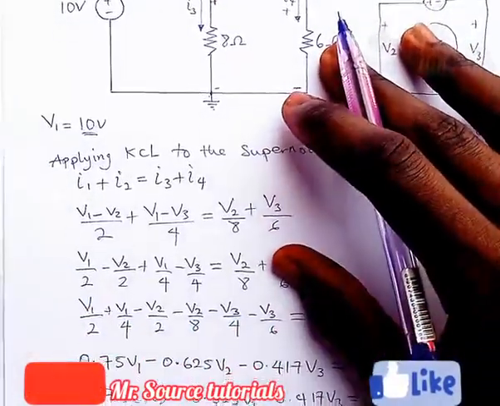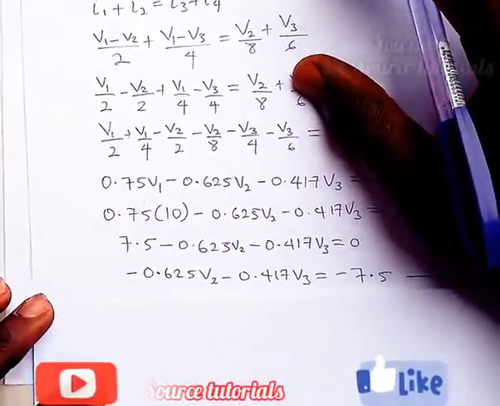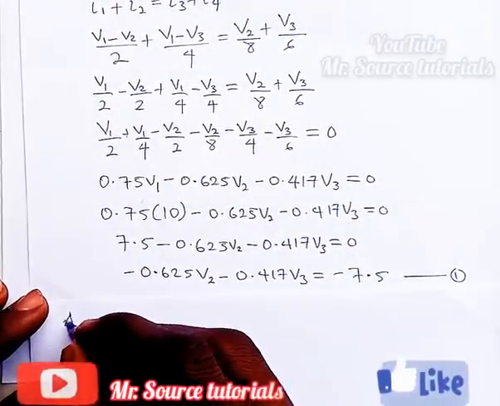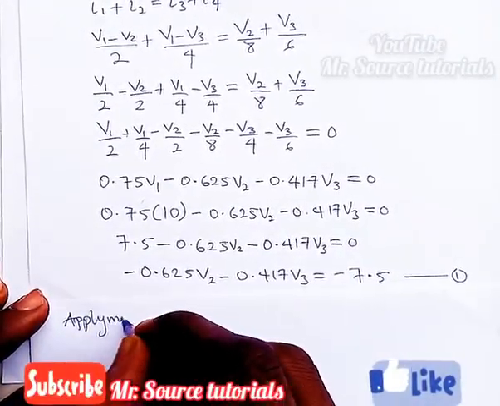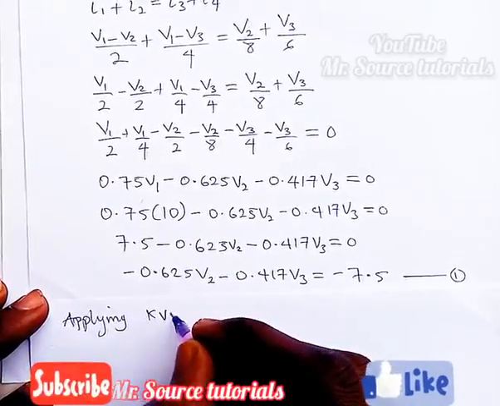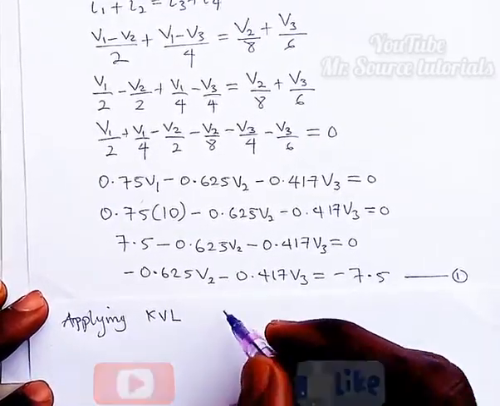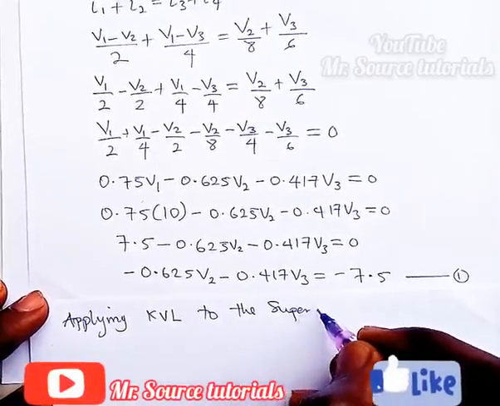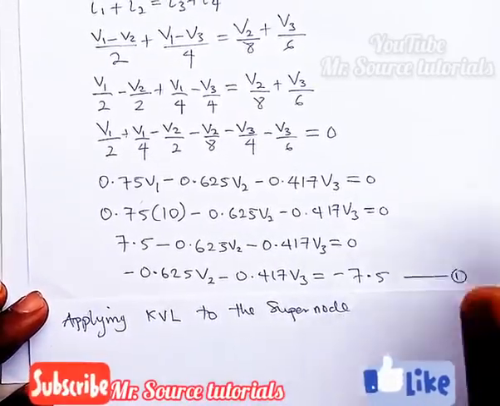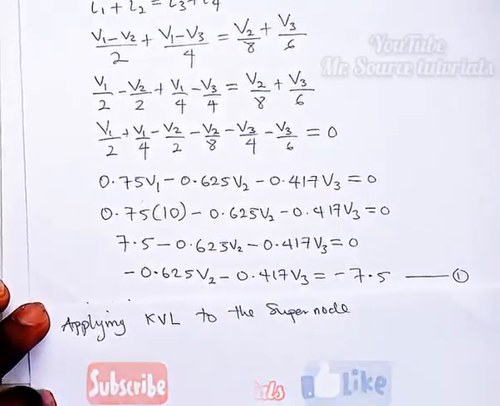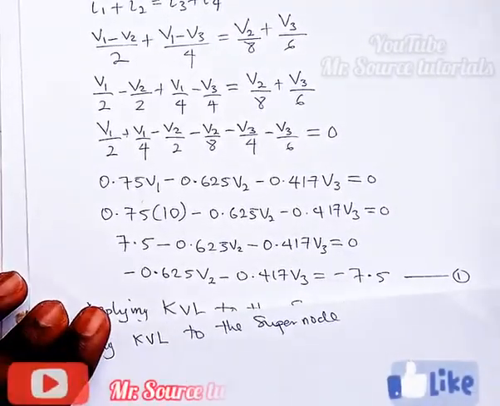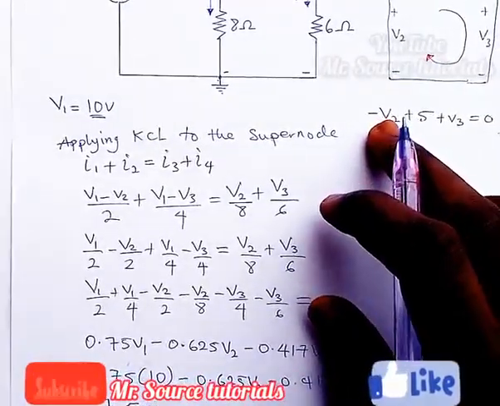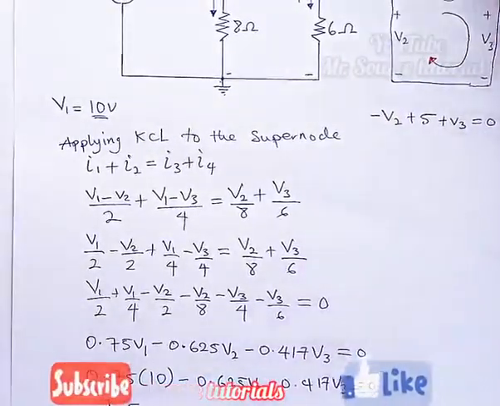So we're going to put it down here a little bit. We are going to say, applying KVL, that's Kirchhoff voltage law, to the supernode. Our KVL, which was what we have here on this part, is minus V2 plus 5 plus V3.